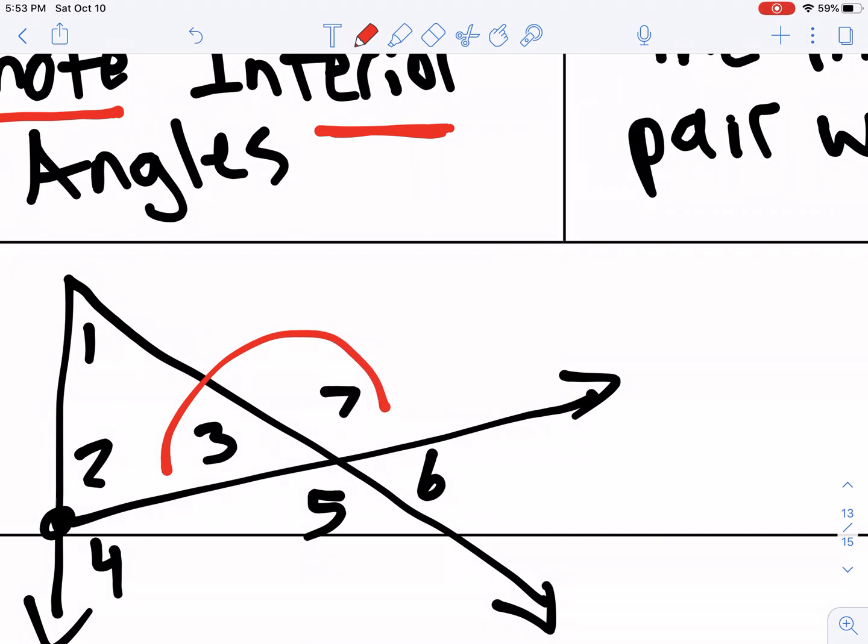Which angles on the inside do not form a linear pair? 1 and 2. Those guys do not form a linear pair with 7, okay? So those guys, angle 1 and angle 2 here, they would be the remote interior angles of angle 7 here, okay? They're the remote interior angles for angle 7. Not necessarily any other exterior angle, but for angle 7 here.